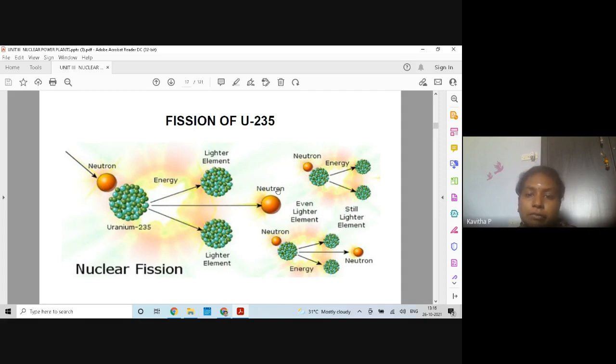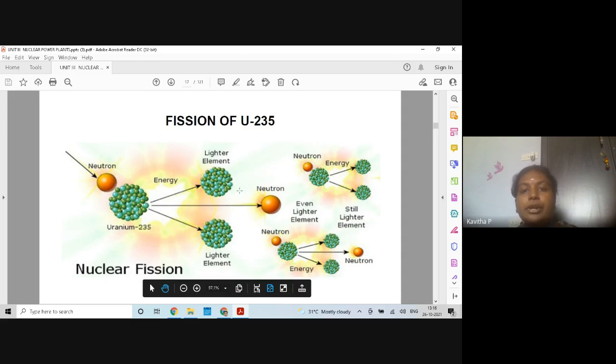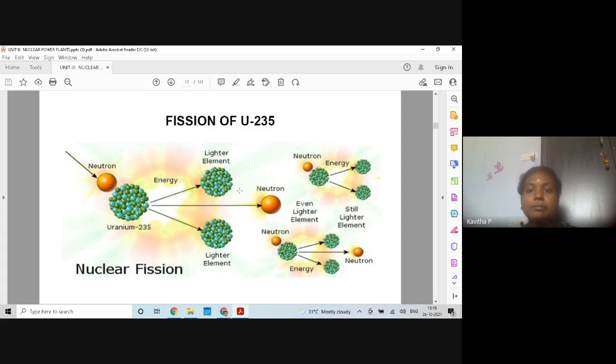Because if the availability of neutrons is very high in the nuclear reactor, more fission processes will take place and the chain reaction will keep on multiplying at a very rapid rate. If a large number of nuclear reactions are taking place, an enormous amount of heat will be generated and the number of neutrons will also increase.